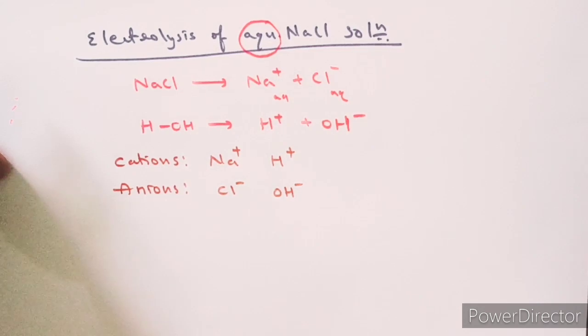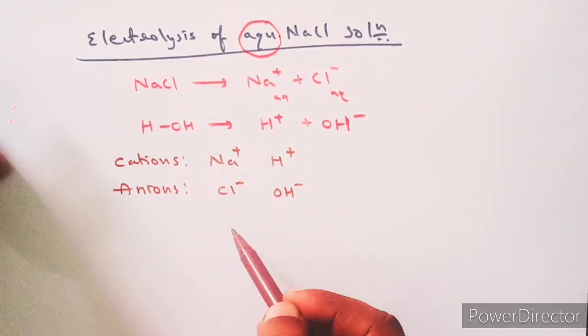Now here, see guys, in the electrolysis process, if more than one cation or more than one anion is present, remember all the ions cannot be discharged or deposited.